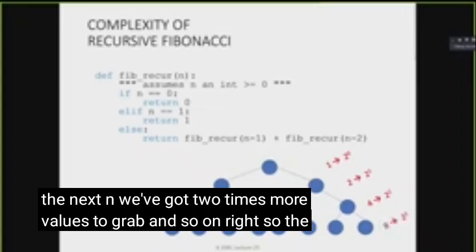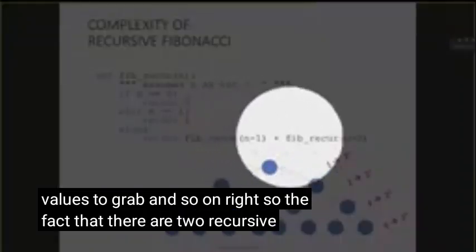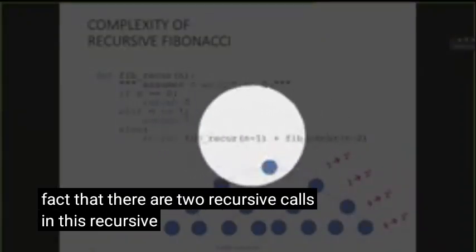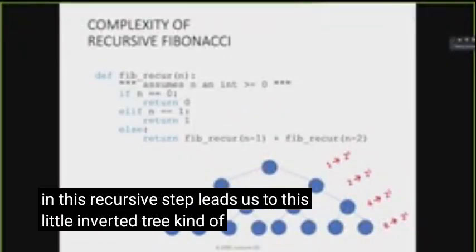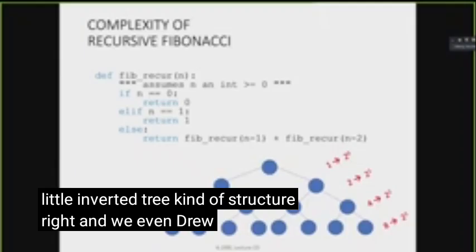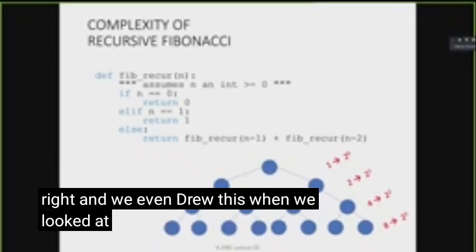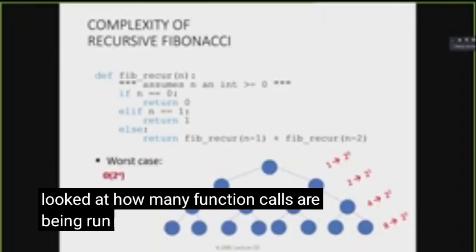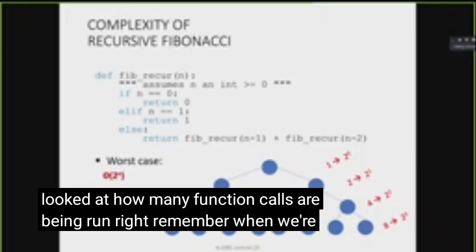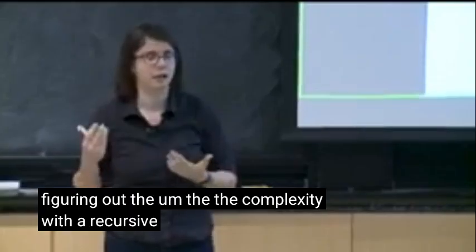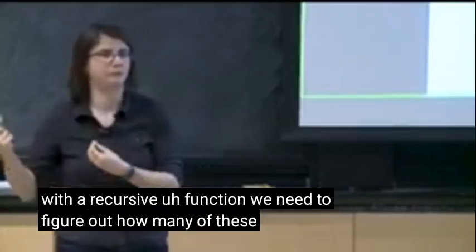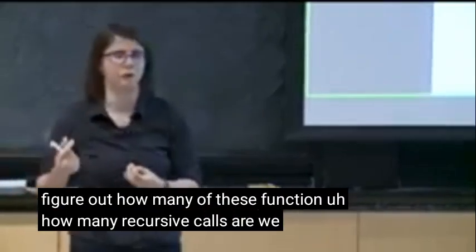So the fact that there are 2 recursive calls in this recursive step leads us to this little inverted tree structure, right? We even drew this when we looked at how many function calls are being run. Remember, when we're figuring out the complexity with a recursive function, we need to figure out how many recursive calls we are actually doing.